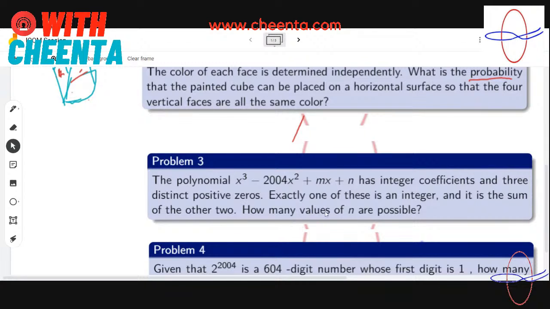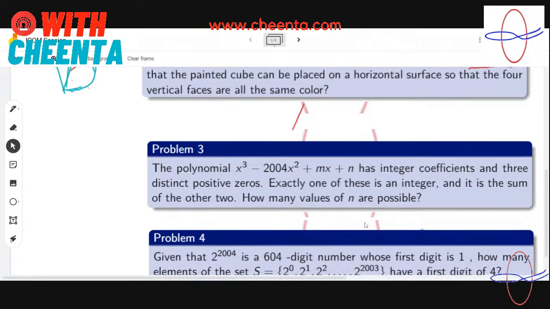And exactly one of them is an integer and it's the sum of the other two. So the three positive distinct roots are such that one of them, r, is an integer and r is equal to r1 plus r2. Okay, that's the idea.